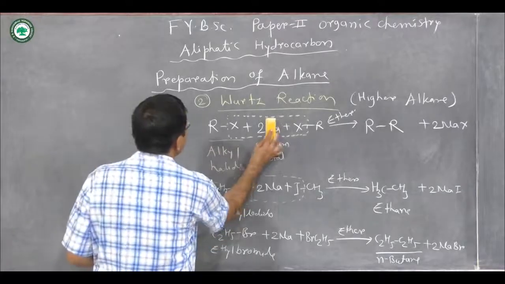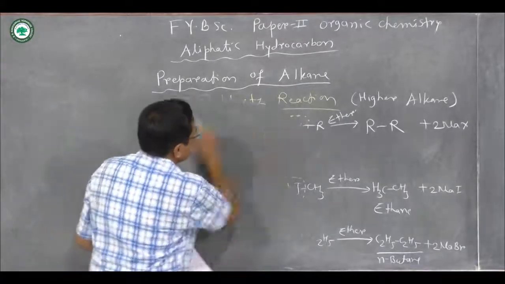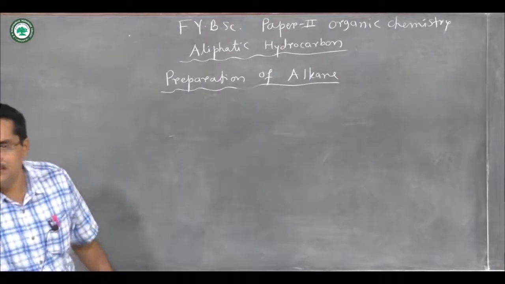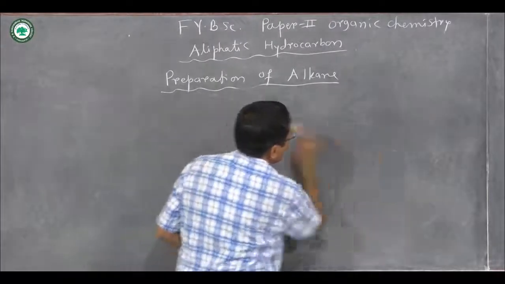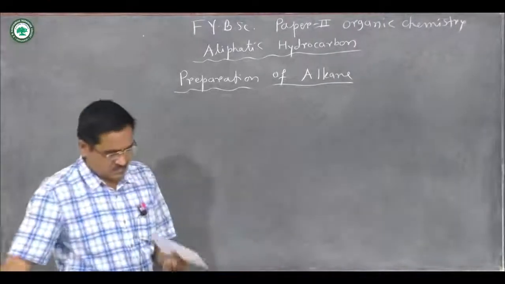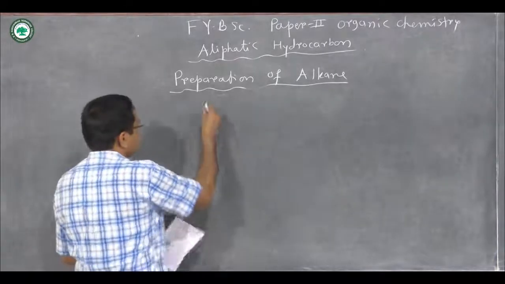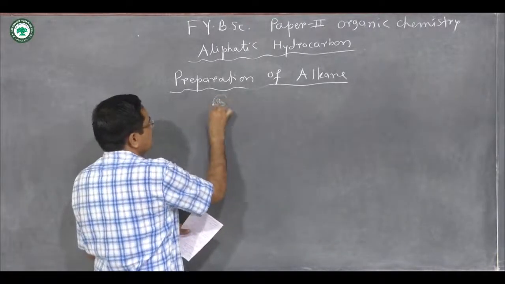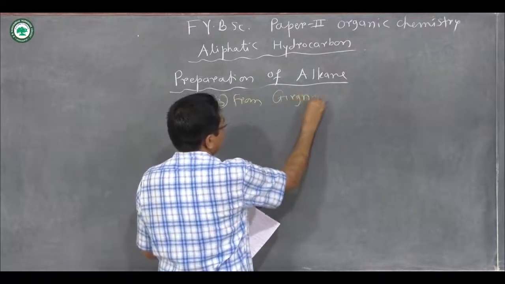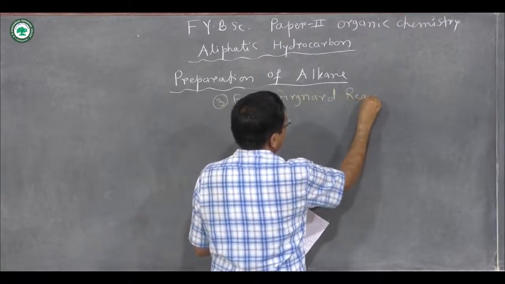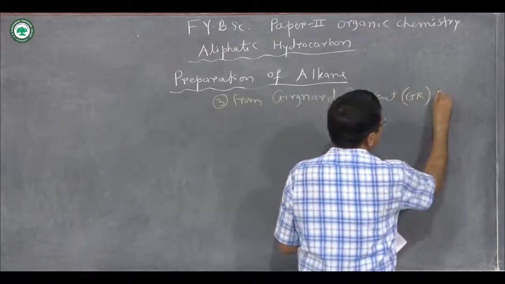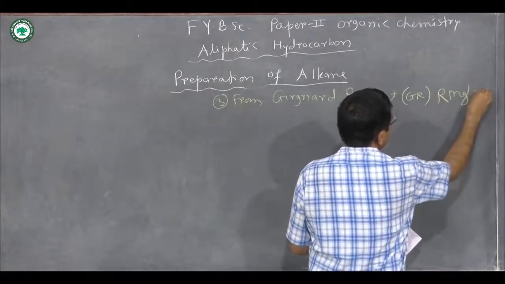Then the third method is from Grignard reagent, which is nothing but RMgX.